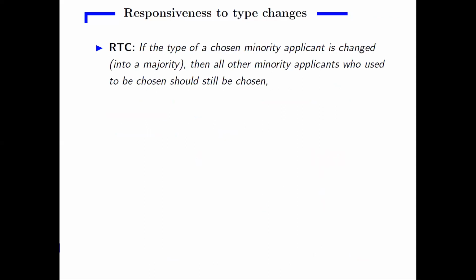The second responsiveness axiom is responsiveness to type changes. In words, if the type of a chosen minority is changed into a majority, then all other minority applicants who used to be chosen should still be chosen.